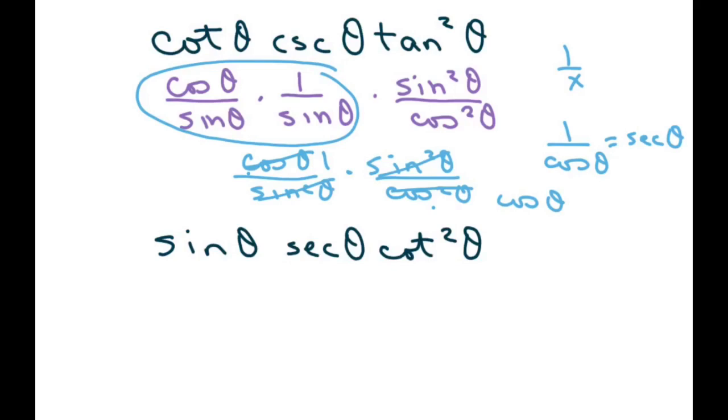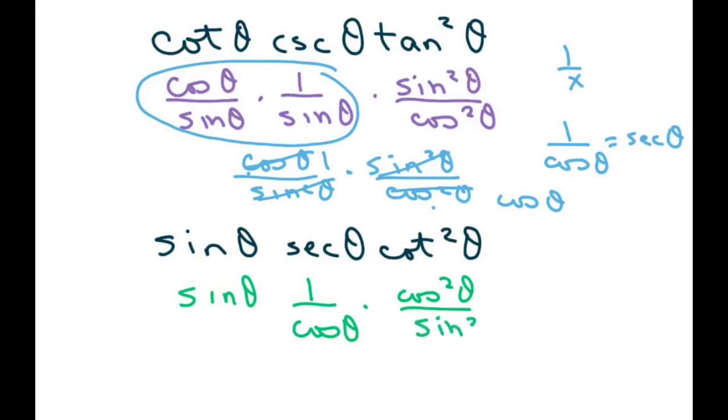Now, the same thing's going to happen here. We have sine of theta, and this is 1 over cosine, and this is cosine squared over sine squared. So basically, let's see what we get. I'm going to put this over 1.